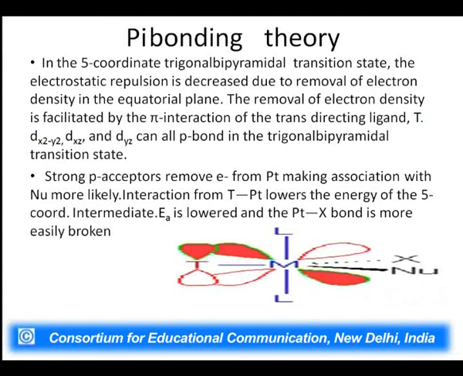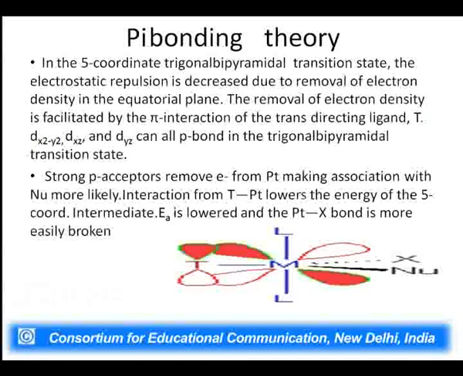Another theory is the pi bonding theory, or we can say stabilization of the transition state. In this case, the five-coordinate trigonal bipyramidal transition state is being stabilized. Here we look at how the electron repulsion is decreased in the transition state.